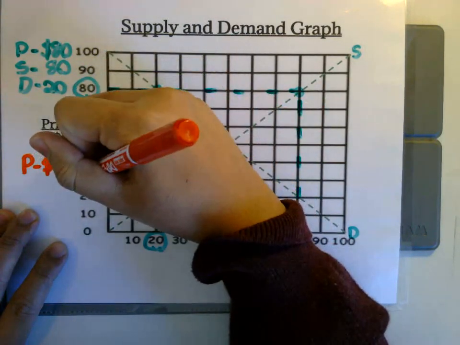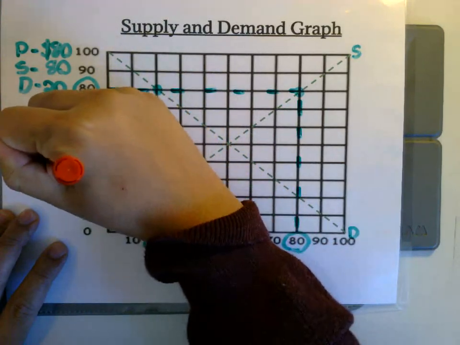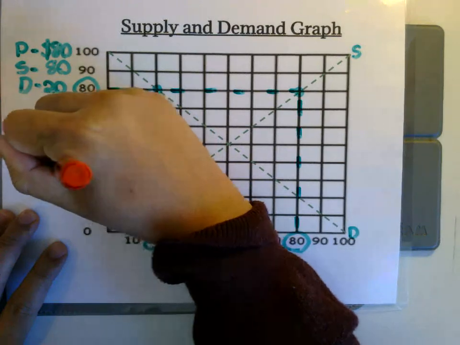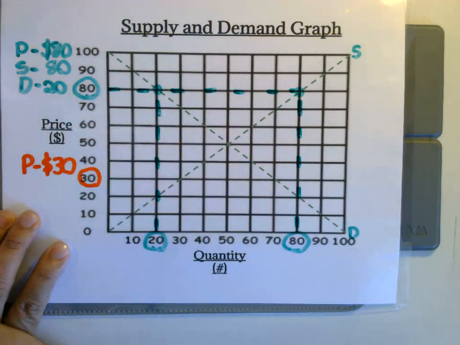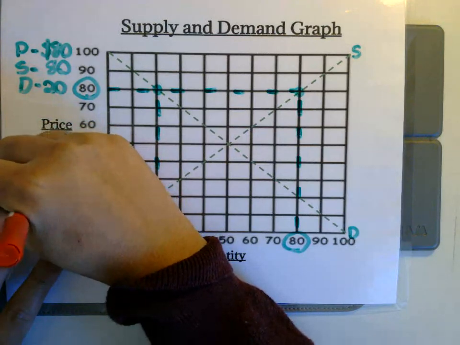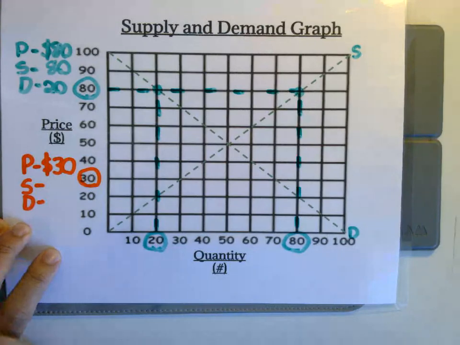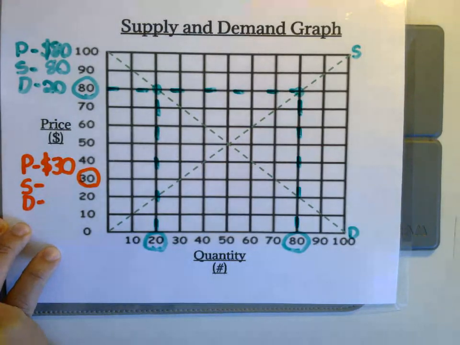So let's decide to only charge $30 per pair of shoes. Now let's try a new equation to figure out how much the supply and the demand will be. So take a moment, pause the video if you need to, and try to figure out the new supply and the new demand at $30.